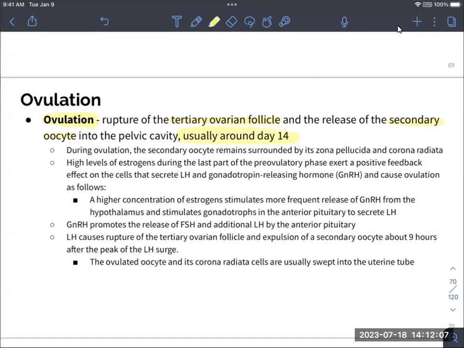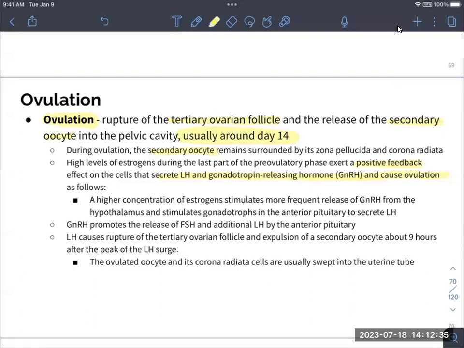So that secondary oocyte is going to remain surrounded by the zona pellucida and corona radiata. These very high estrogen levels give a positive feedback that causes luteinizing hormone and gonadotropin releasing hormone release. This is what causes ovulation.